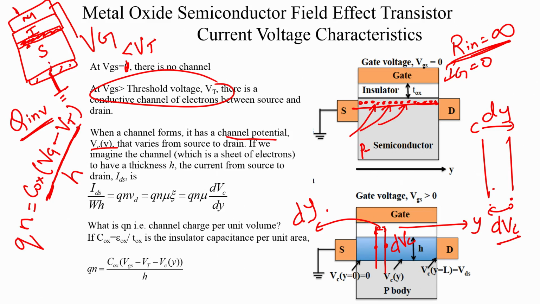But now, if I were to take this little section here of length dy, so let us say that is my insulator and that is my semiconductor. The potential here is Vc of y, and the potential drop across the section is dVc. And now my gate metal, okay, so let us look at the section that we are analyzing here.